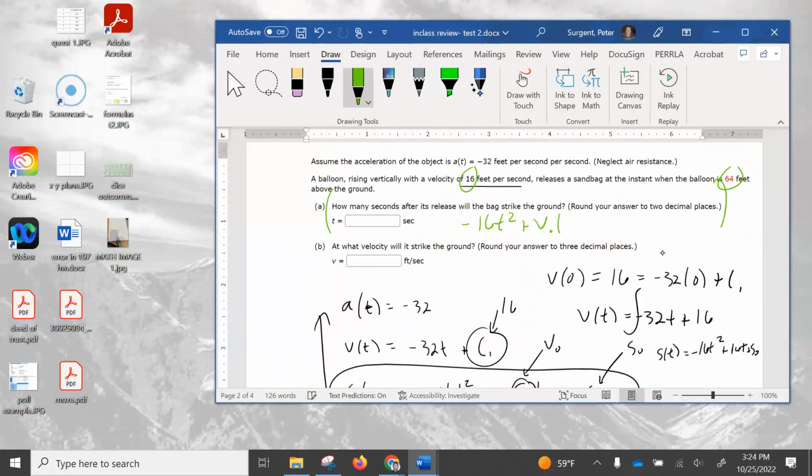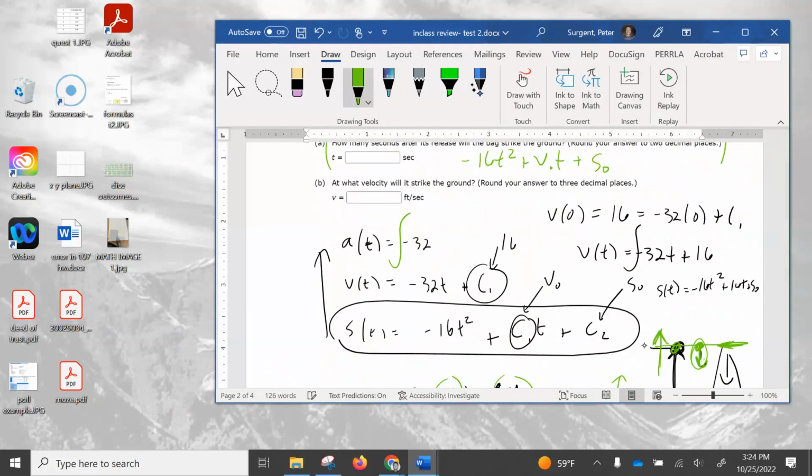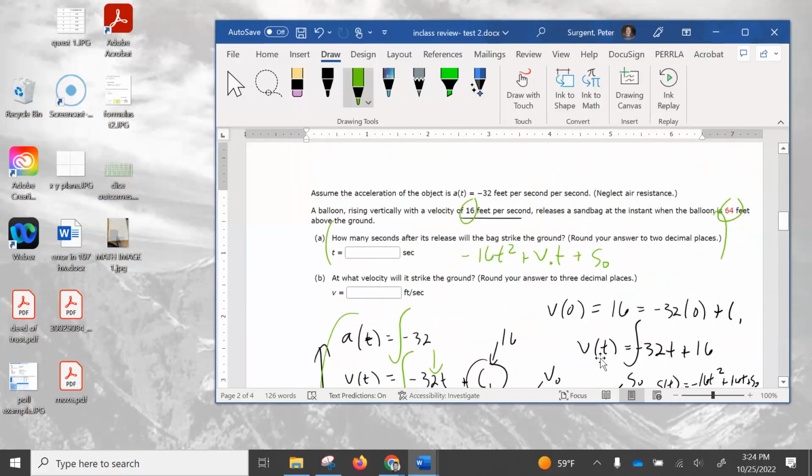You've probably seen this before calculus. So I don't even have to do this anti-differentiation. I did this to get that, and I did this to get that. But all this anti-differentiation just gives me the formula you've had for a while. So you could just drop your 16 here and drop your 64 here.